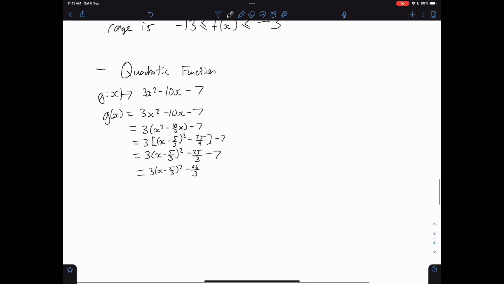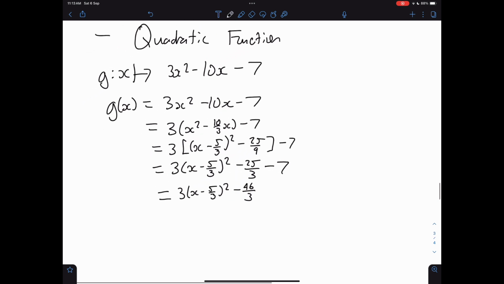Okay, and then so now we've completed the square, and as we know, the vertex is essential. If it asks for the range, you just need to have this mentally as understanding, the vertex is at 5 over 3, minus 46 over 3.